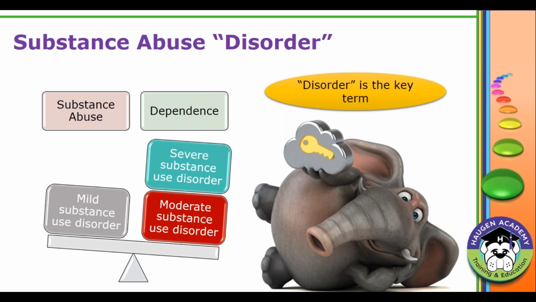But if you look under disorder and then the subterm substance use, there are subterms for mild, moderate, and severe, and they will send you to either abuse or dependence depending on the level of severity. This is also in the coding guidelines. I simplified the guidelines on this slide by showing that mild goes to abuse and moderate and severe go to dependence, but this is all backed up in the coding guidelines as well as the code index.